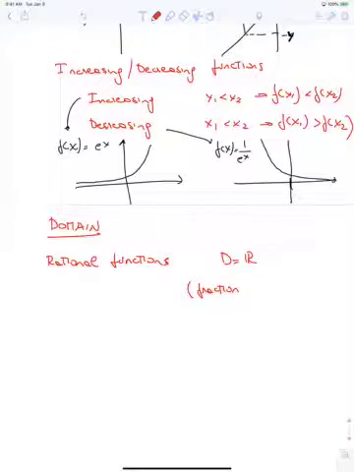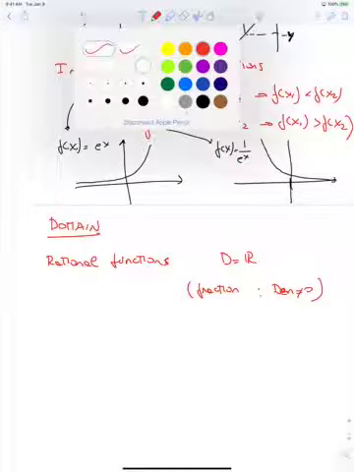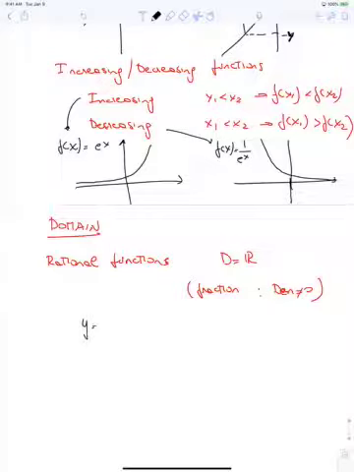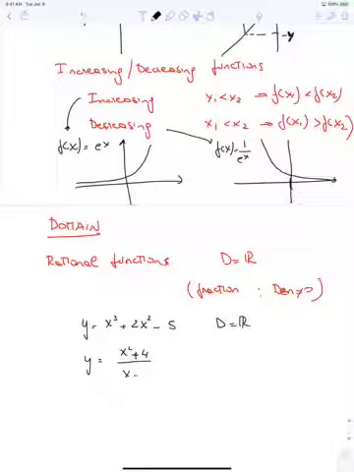And in this case, you have to clarify that the denominator cannot be equal to 0. So again, if we have something in the form y equal x cubed plus 2x squared minus 5, the domain is the set of real numbers. But if you have something in the form x squared plus 4 divided by x minus 1, then x cannot be equal to 1. So the domain is the set of real numbers except for x equal to 1.